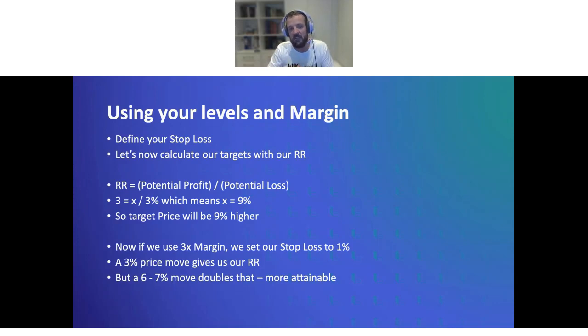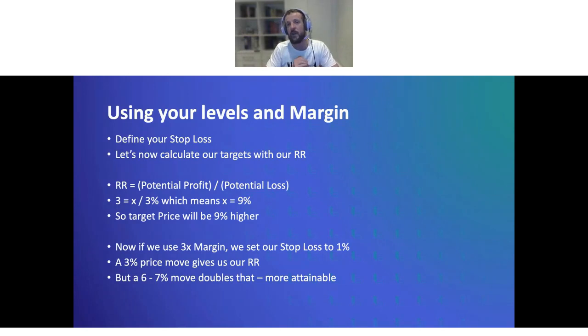But interestingly enough, if we use, say, for example, 3 times margin or 3 times leverage, we set our stop loss to just 1% below the price. And at a 3% price move, we hit our RR. What's quite interesting about this is now we're not waiting for the price to go way down 3%.